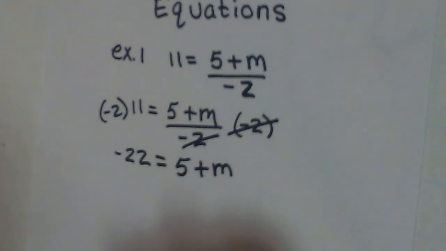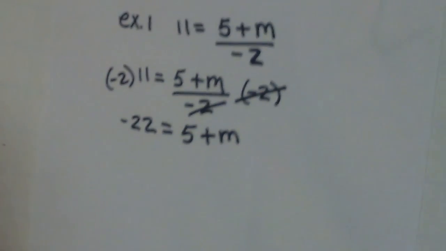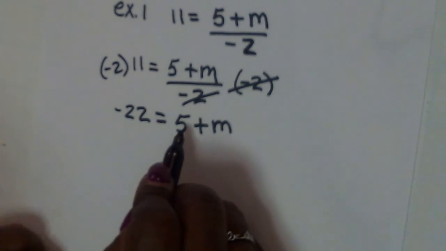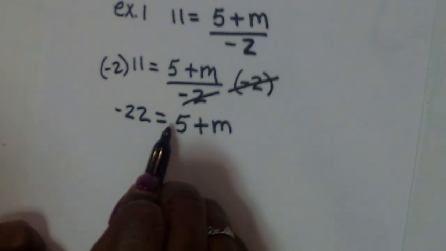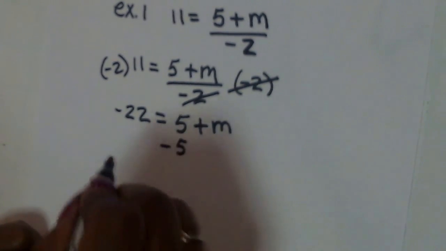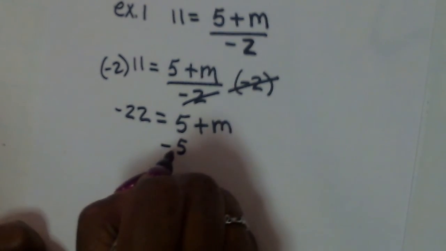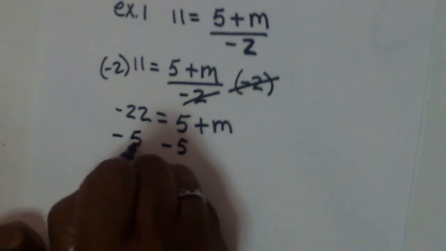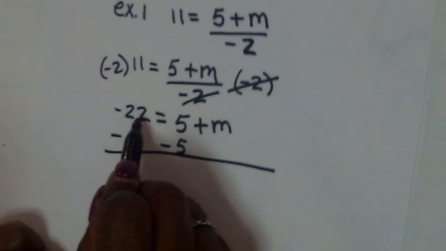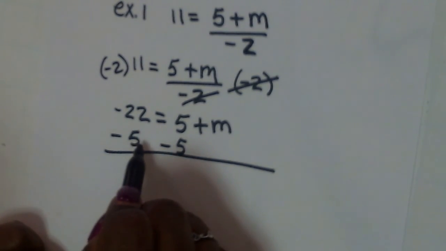Now, most of you can recognize what your next step is. I'm going to use the additive inverse, or the opposite operation, to move the 5. Since there's no sign in front of the 5, it's positive, so I'm going to do the opposite and make negative 5. Do it on both sides of the equal sign. So I have negative 22 and negative 5.